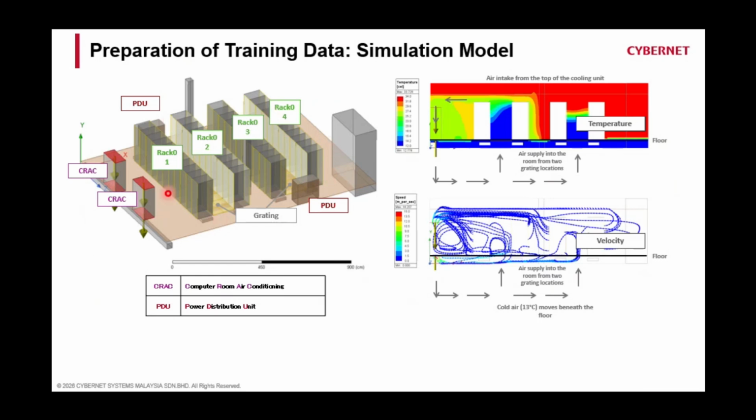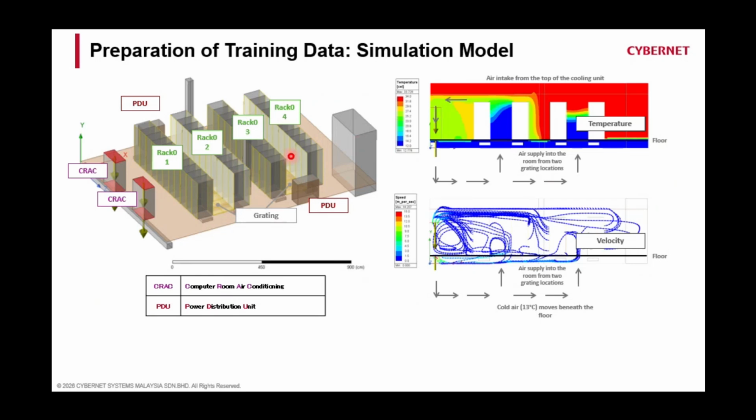You have the server rack, which I mentioned about, and the computer room air conditioning, the CRAC. There's also some power distribution unit which could emit heat as well. And then the grating is the raised floor setup, where there are small holes, I mean a mesh or net where the flow can go through. It's basically for cold aisle containment management.